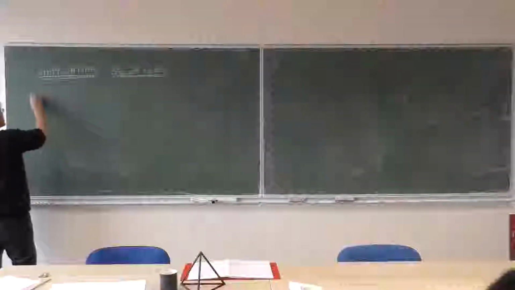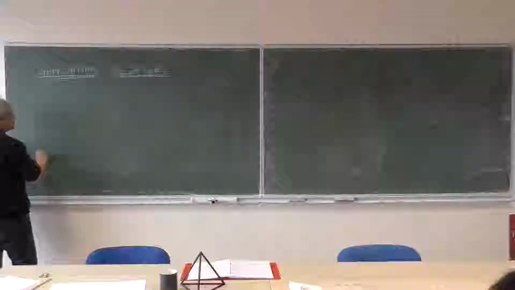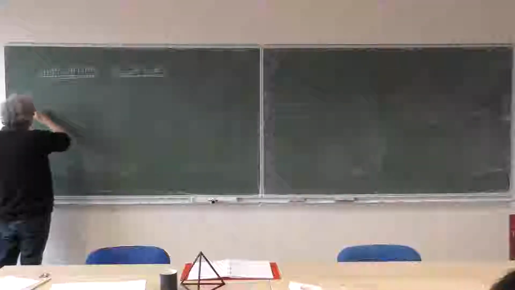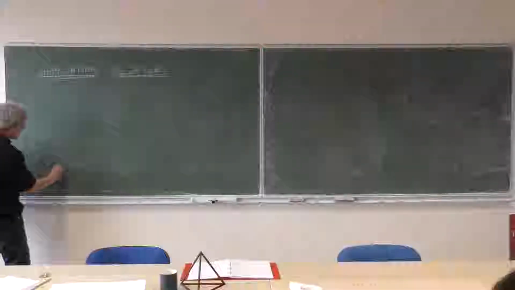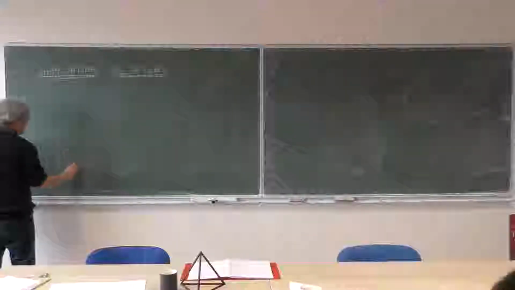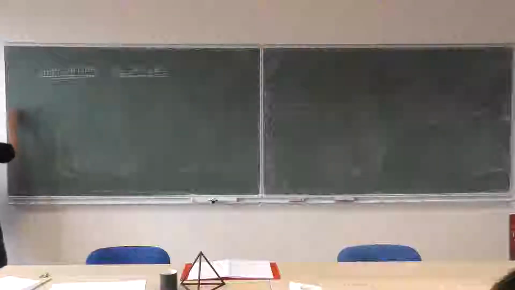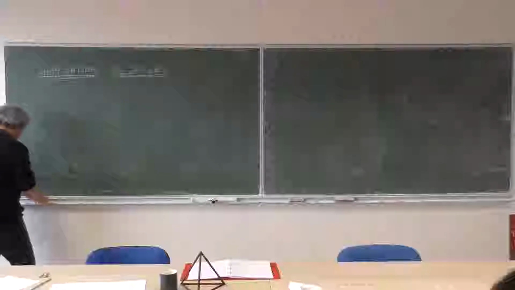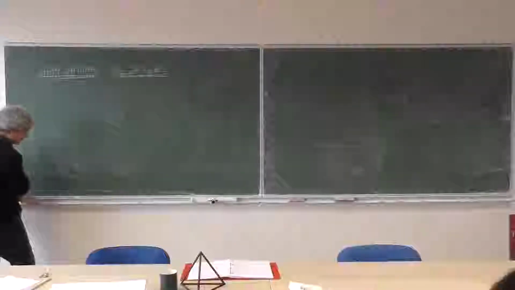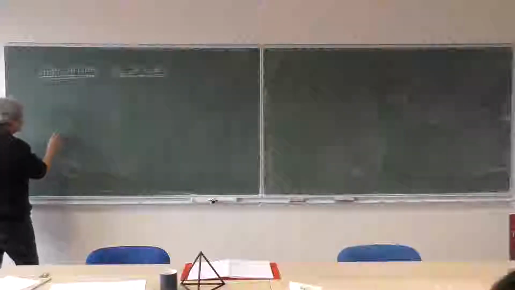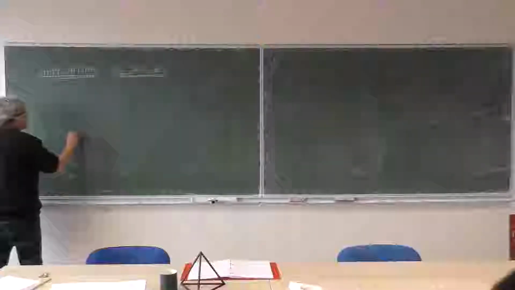So the phenomenon we want to study, let me first do a sort of a cartoon. We have a star. The star collapses. This is time, in some sense. And a horizon forms. So let's do horizons in blue. The horizon forms.